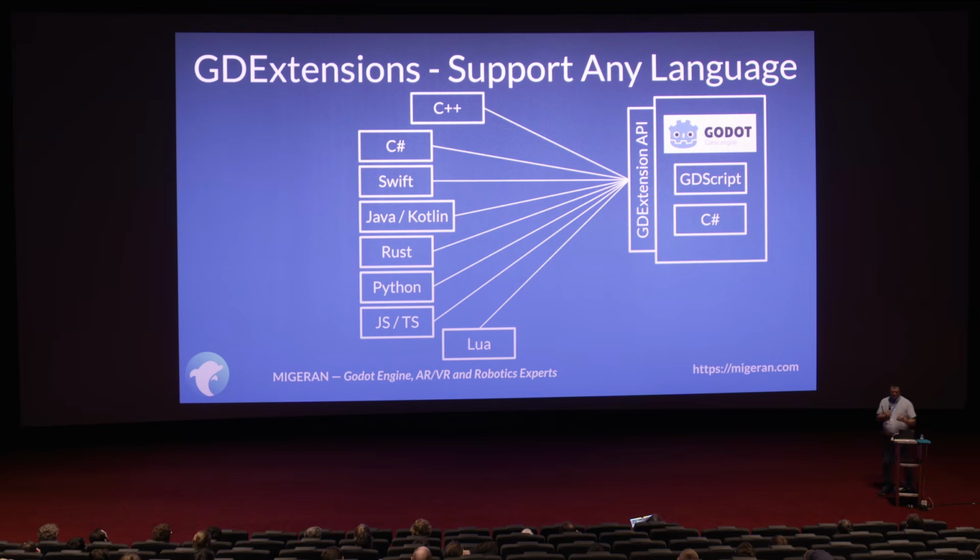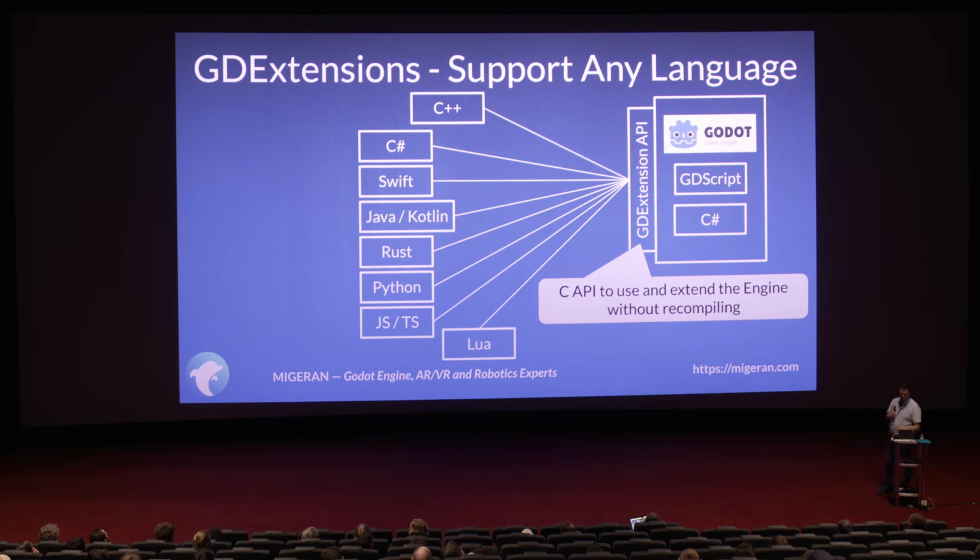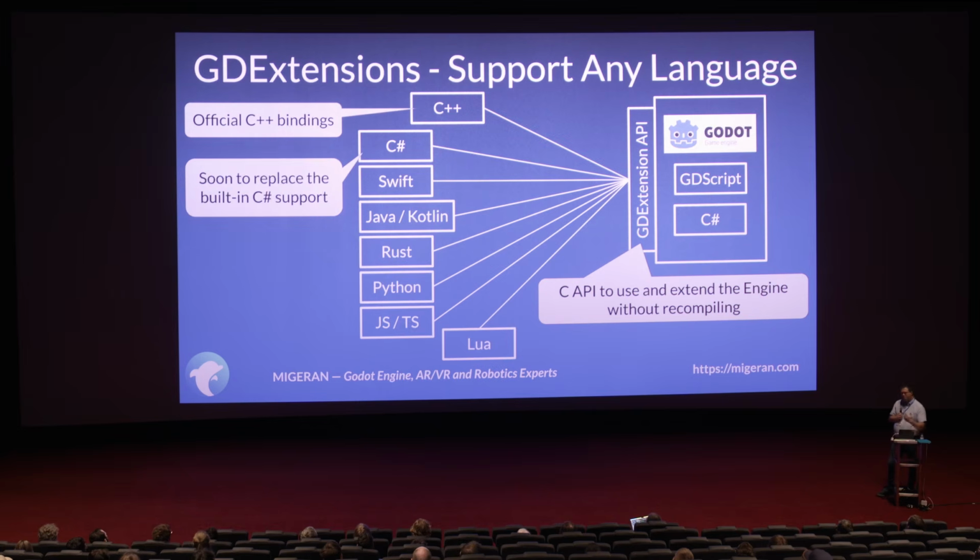And this basically is a C API that allows you to access the internals of the Godot engine from any language. Of course, there are the official C++ bindings. There will be official C# bindings using the GDExtensions. It's already in the works. You can try it out.